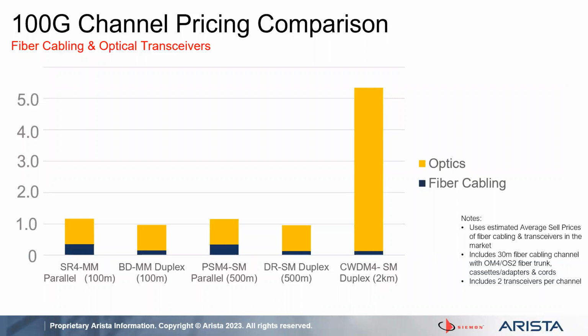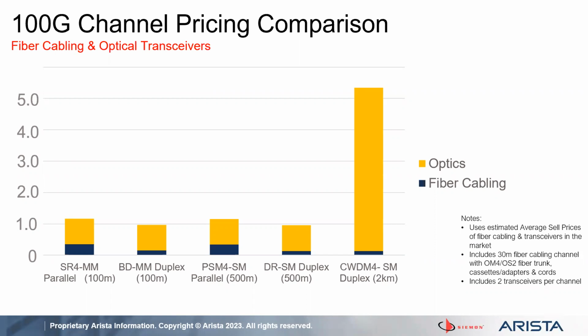Next, I put together a channel pricing comparison, just looking at the common ones, and this is looking at 100 gig right now. I picked 5 of the common transceiver types that are used, and I'm just looking at the relative price difference between them. So this is the optics: 2 transceivers, 1 on either end, and then the associated fiber cabling. This is based on average sell prices in the market for all the transceivers and the cabling.